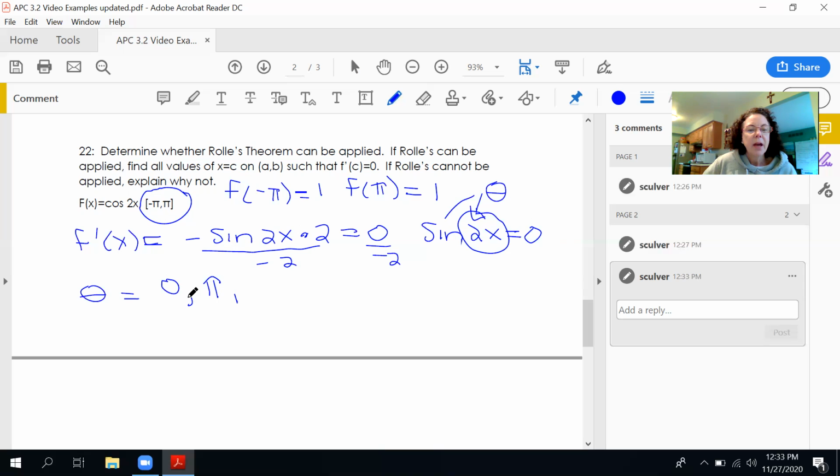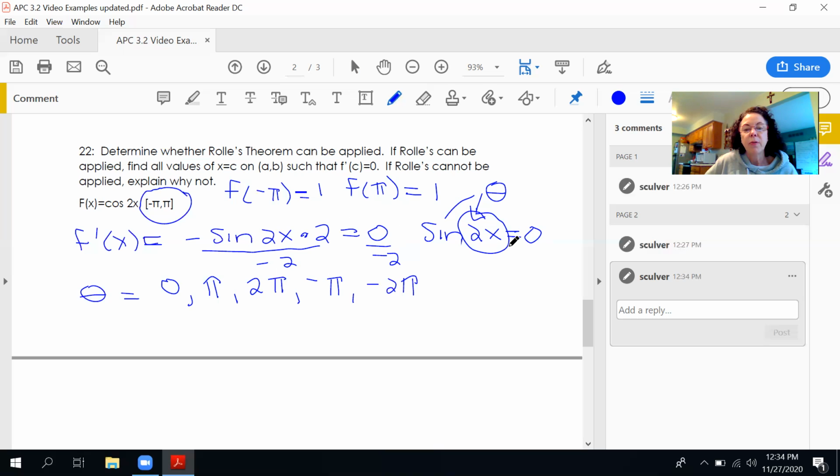So from 0 to 2 pi, sine is 0 at pi and at 2 pi. And going negative, sine of theta is also 0 at negative pi and at negative 2 pi. So I got a little extra in there. That's where sine of theta equals 0. If I put any of these thetas in, I do get a 0 out.